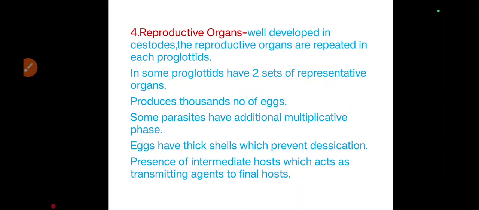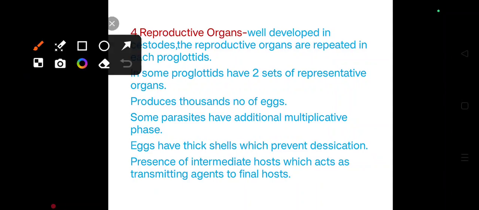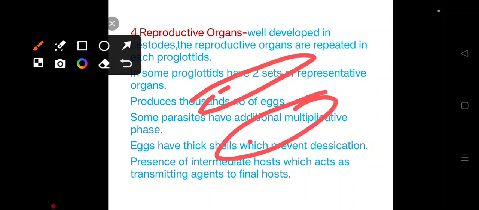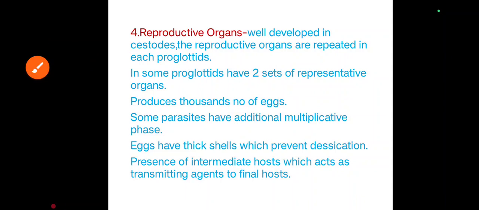Then reproductive organs. Reproductive organs are well developed in cestodes, and each proglottid has its own reproductive organs; some proglottids also have two sets of reproductive organs. Fasciola produces thousands of eggs, and Ascaris also produces 2 lakh eggs.